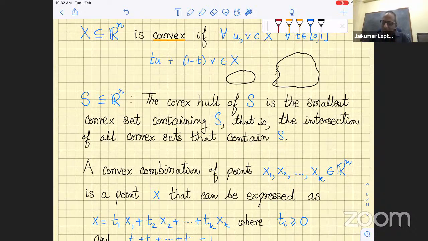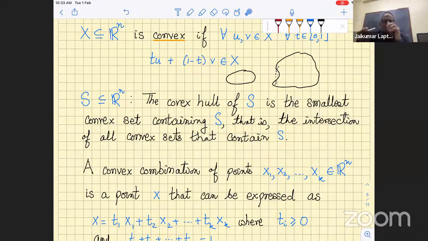It's often a useful definition for proving things, but for visualizing, it's not such a great definition. What do we mean by that? Look at all convex sets that contain this set S and take their intersection. Those points which belong to all the convex sets that contain S will itself be a convex set.